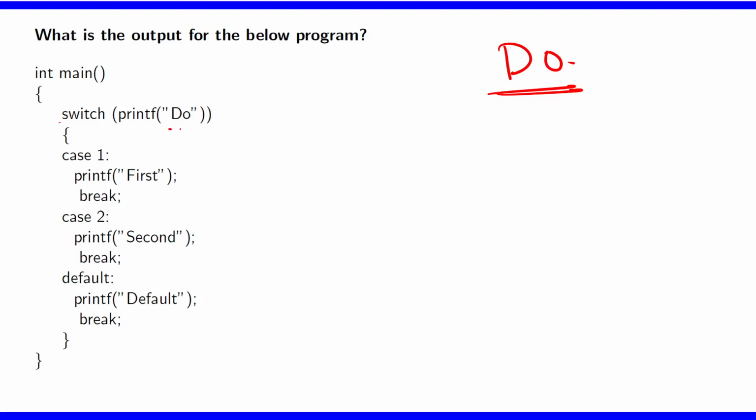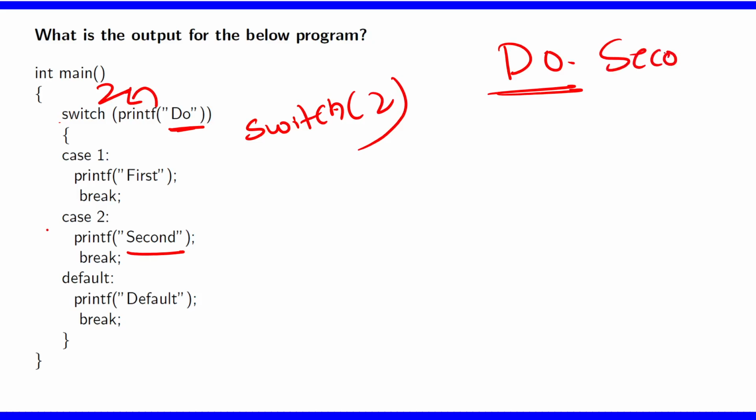What it is printing here? It is printing 2 characters, do. What is the size of those 2 characters? 2 bytes. So switch printf will return a number 2 to the switch. So the switch becomes switch of 2. Now case 2 is matching, so answer will be do second.